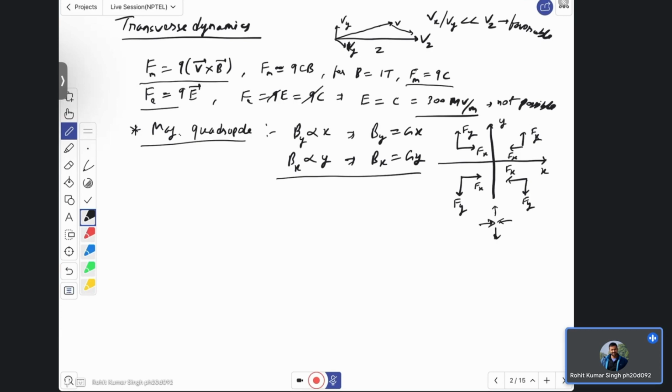So that's why we need a pair of quadrupoles to focus the beam in both directions. What we can do is reverse the polarity of the quadrupole, which reverses the forces, and so we get focusing in both directions. So magnetic quadrupoles are always used in pairs.